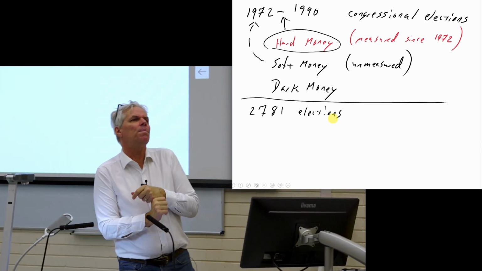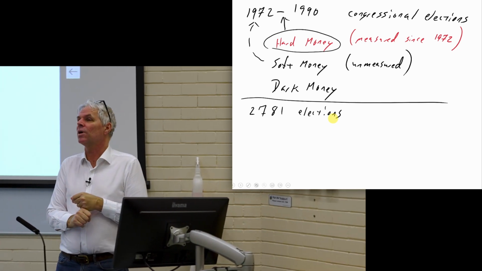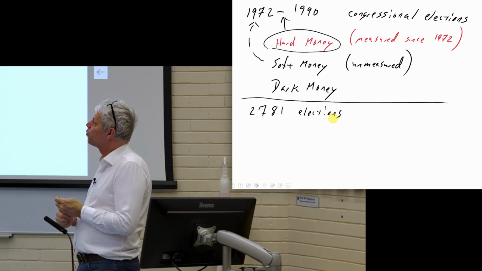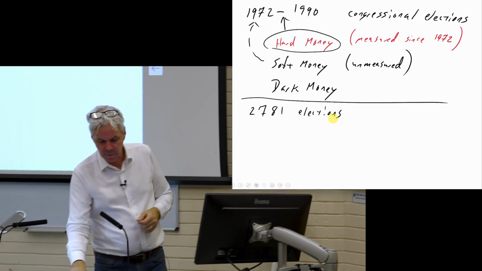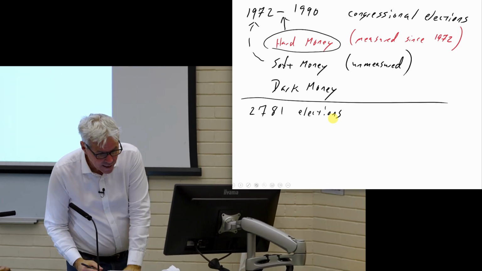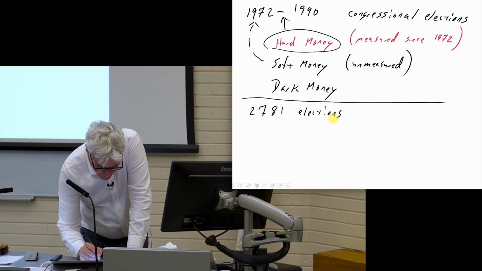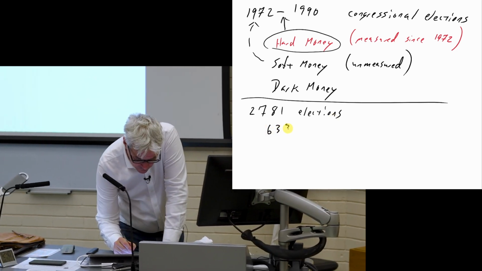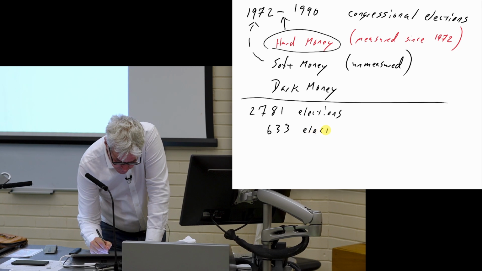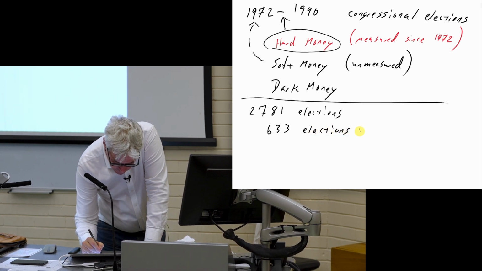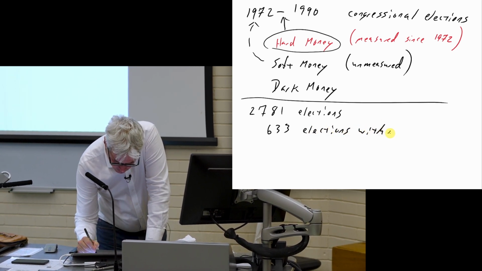And so he gets rid of people that have the scandals, and he gets rid of people that are just clearly outliers. Then he finds the elections that have repeat challengers, and he gets 633 elections with repeat challengers.